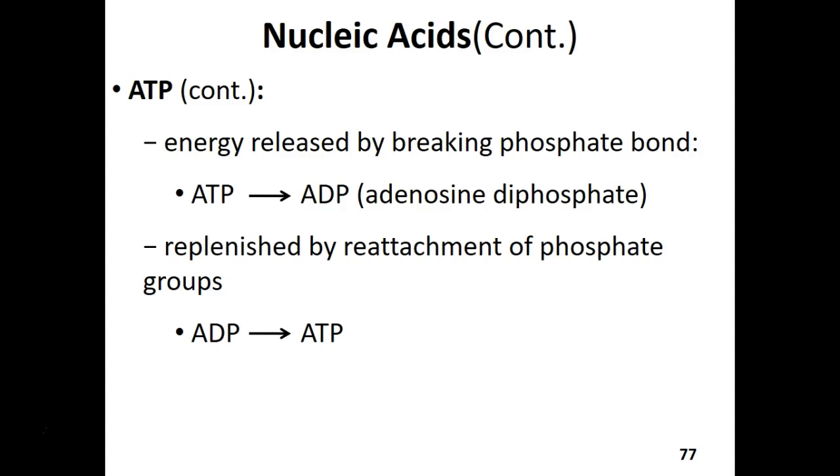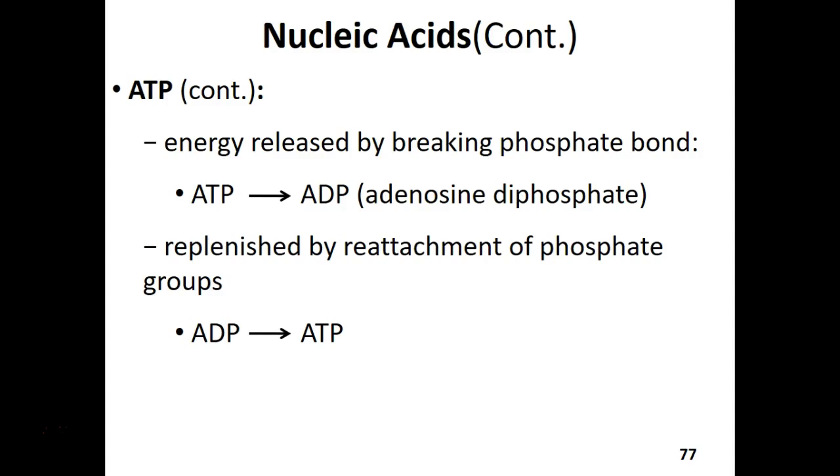ATP can be broken down, and when it is, it loses a phosphate. If we take one phosphate off, then we produce ADP, adenosine diphosphate, so we only have 2 phosphates attached. And the energy released runs different metabolic reactions.